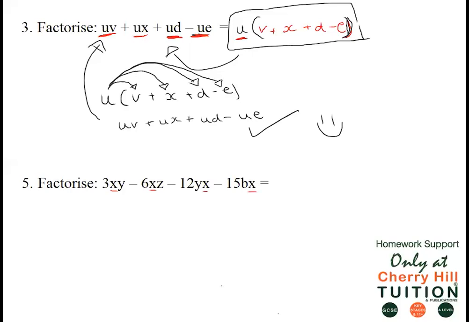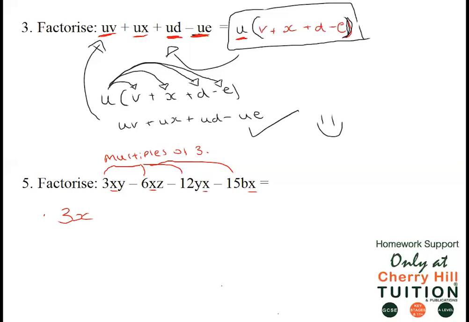And there is one more thing that is common. Hopefully you can see that 3, 6, 12, and 15 are all multiples of 3. So 3 is also common. So we can take out 3x.